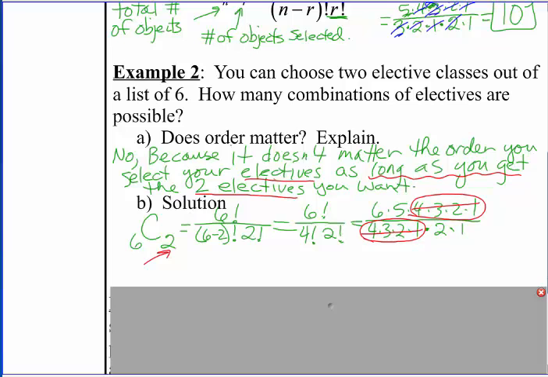So that's all going to equal 1 when you divide by the same thing. 2 goes into 6 3 times, and then you just have to remember to multiply the numbers that are left, because on the bottom all I have is a 1 left. On the top, 3 times 5. So the answer is 15. So there are 15 ways you can select 2 elective classes out of a list of 6.